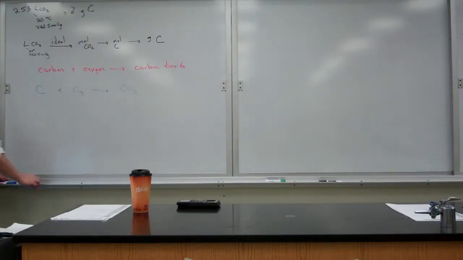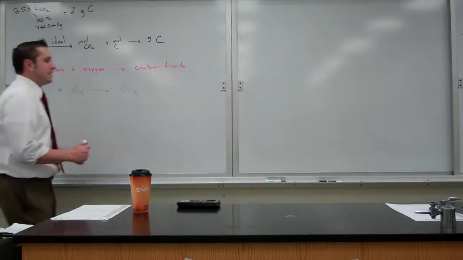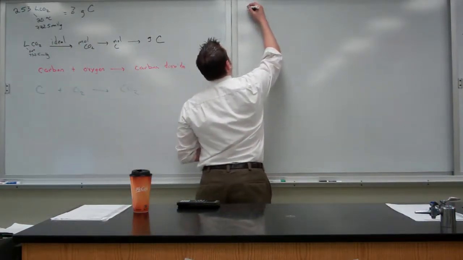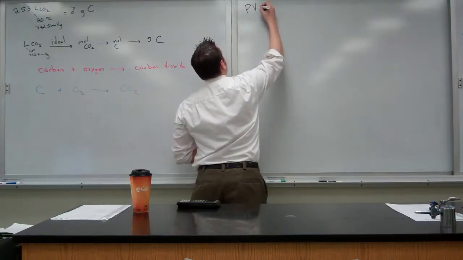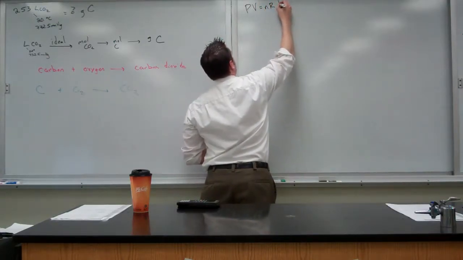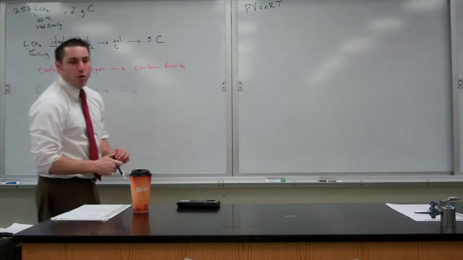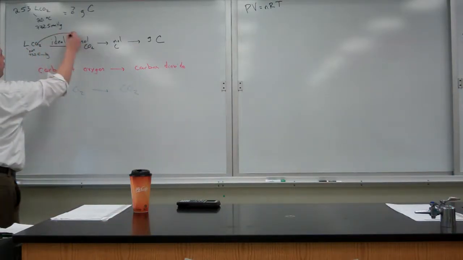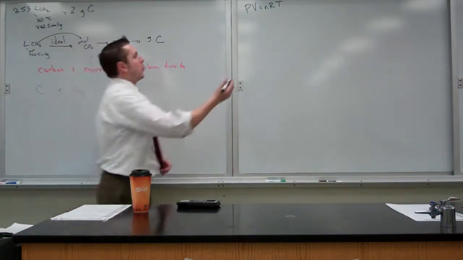First thing I want to try to do is take what I'm given and get myself into moles. Well, I have liters, I have temperature, I have pressure. That is leading me to think that this is some type of PV equals nRT. Because I'm trying to get moles of the substance, I'm going to solve for n.